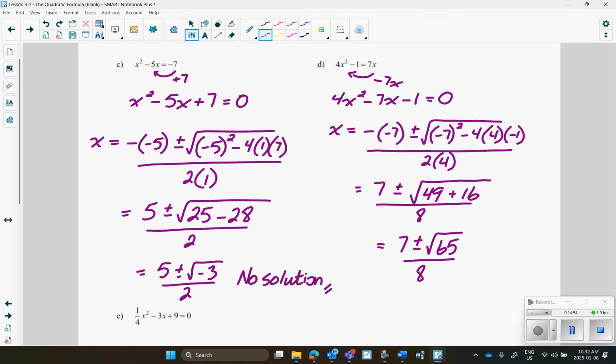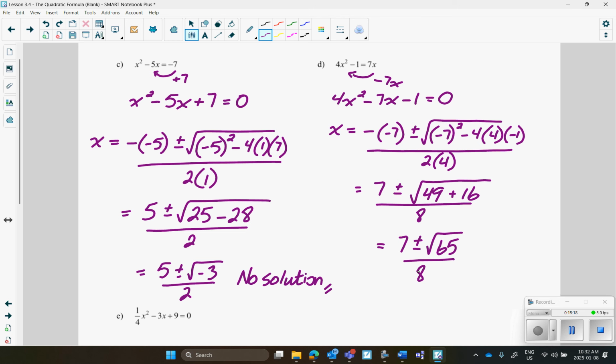Can I go any further? Can I do anything with the square root of 65? Can I take it exactly, or is there a perfect square that I can reduce it with or simplify it? There's not going to be one.